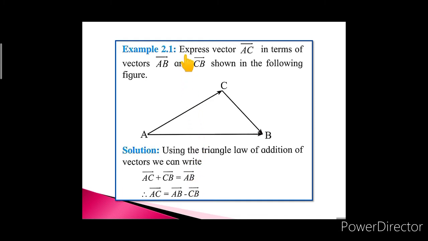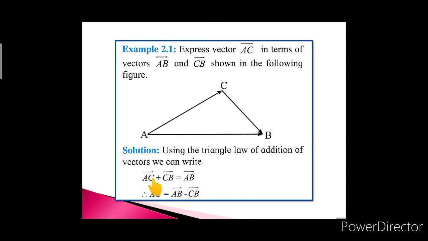As in the question, we have to express the vector AC in terms of vector AB and vector CB. So we are supposed to rearrange the equation. First, by using the triangle law of vector addition, we write vector AC plus vector CB is equal to vector AB. Now, we have to express our result in terms of AB vector and CB vector.